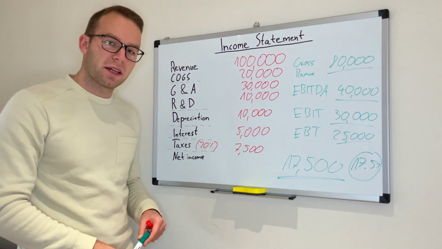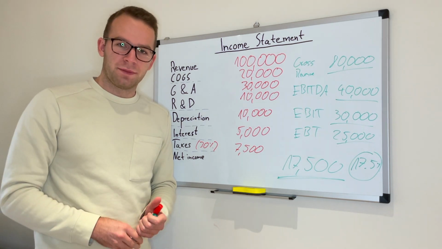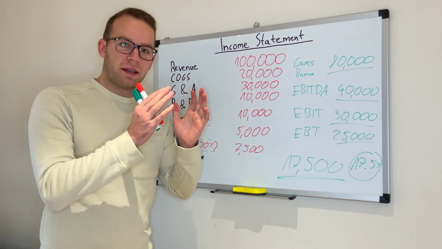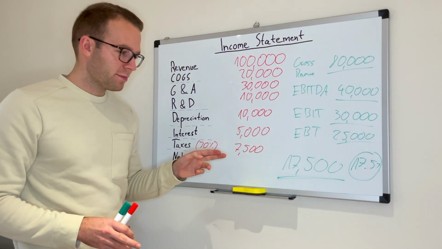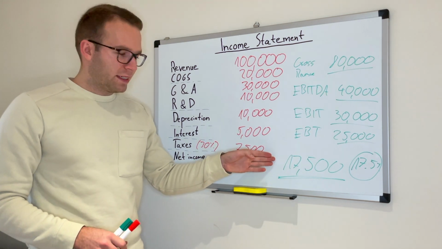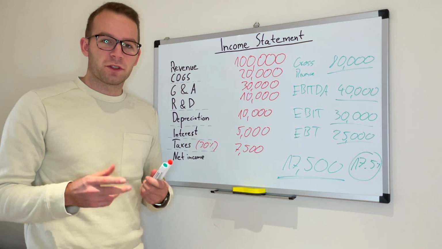So we first have to calculate our earnings per share. So now you know that for the earnings per share, we take the net income number from our income statement. We take this number and divide it by the number of shares outstanding.